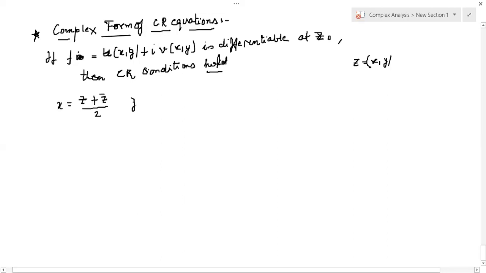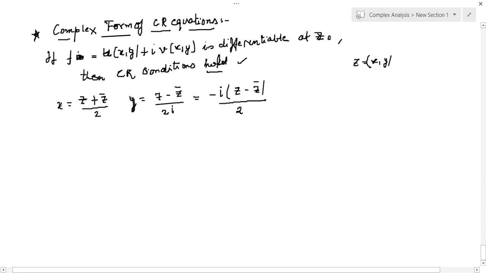And y would be simply z minus z bar divided by 2 iota. Or simply, I'll write y as minus iota into z minus z bar divided by 2.